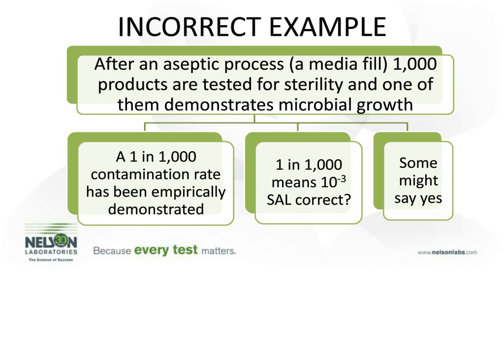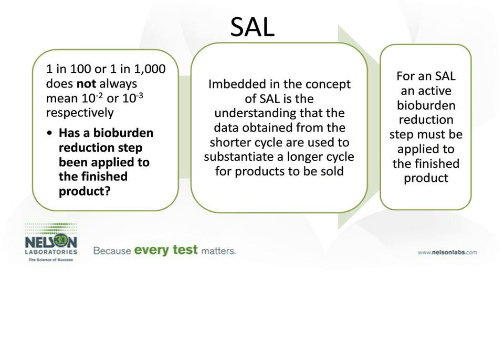Unfortunately, sometimes people start to make the connection here with SAL, where they say, well, 1 in 1,000 is the same as 10 to the minus 3, and start to employ the SAL concept. But in actuality, a 1 in 100 or 1 in 1,000 contamination rate does not always mean 10 to the minus 2 or 10 to the minus 3.